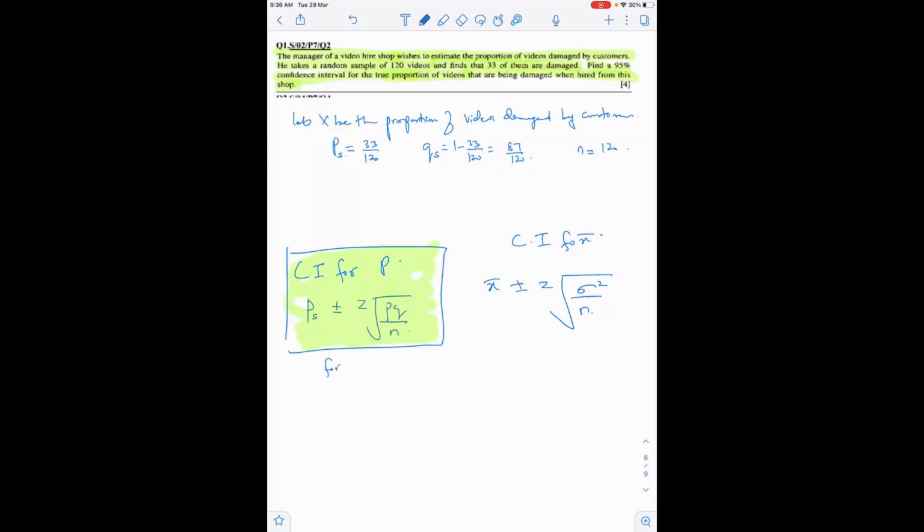Now you write down for 95% because we want to find out the 95% confidence interval. Phi of z should be equal to, because we know if this is 95%, this is 2.5%, so overall 0.975. So z is going to be, let me just take it out from the calculator, 1.96. So we're going to write 95% confidence limits.